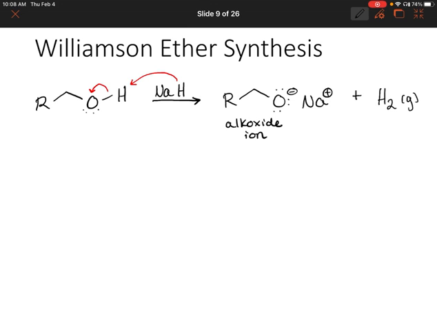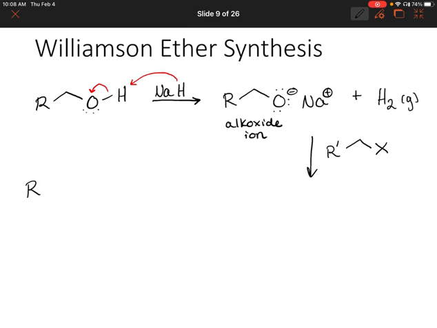All right, and then in the next step, we're going to use an alkyl halide, and I'm going to put a little quotation mark next to the R group on this alkyl halide because that indicates that we might have a different R group.